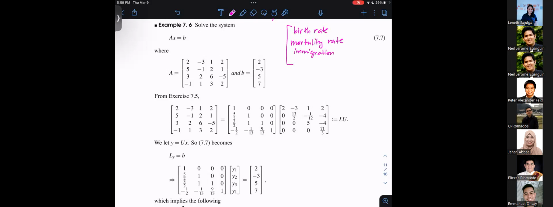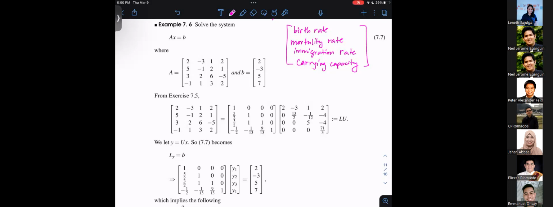So if it's about population dynamics, then what else? Maybe the carrying capacity of, say, your province. So you are modeling the population dynamics in a certain province or a certain locality, and you want to get an estimate for the birth rate, mortality rate, immigration rate, and carrying capacity by using a stratified sampling of the population.